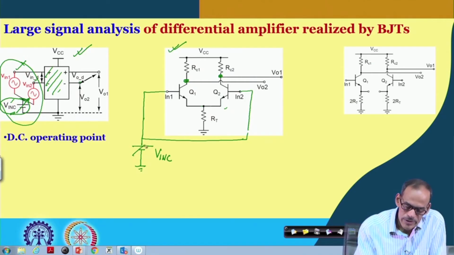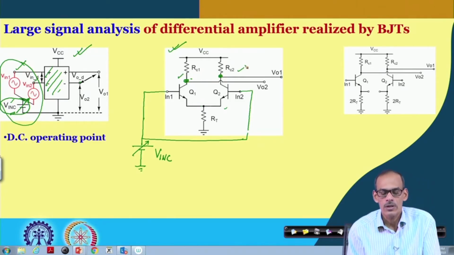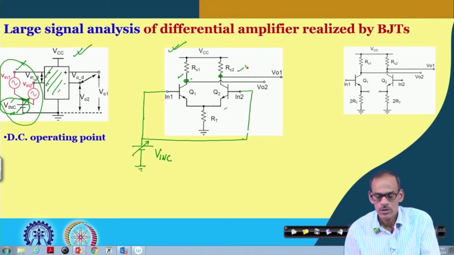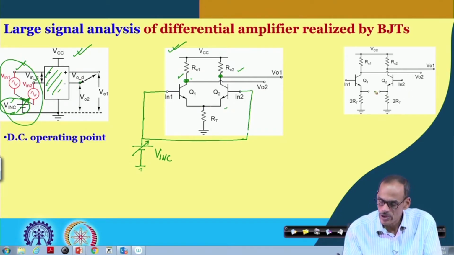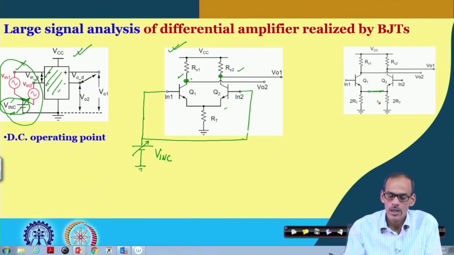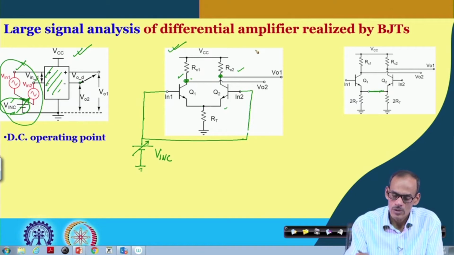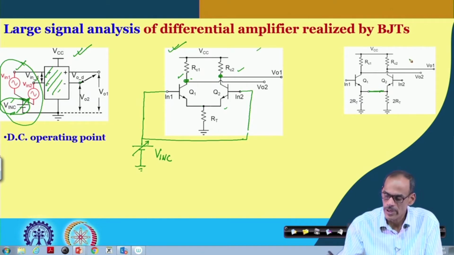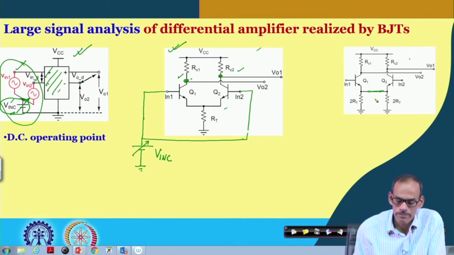So, we can vary this voltage and see what happens to the DC voltage here as well as here. So we do not require this kind of split. We are considering this connected, and hence our subsequent discussion will be with this circuit. We may not be going back to the split one.